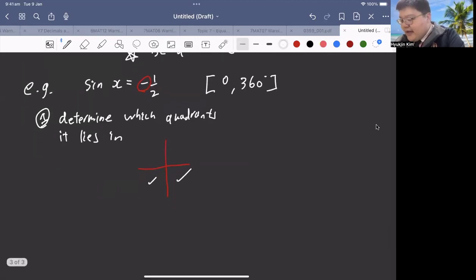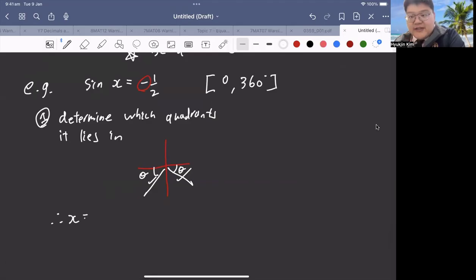So what does that mean? If I have any angle that were to provide me with the answer, it would be theta here, and then it would be theta here. Now I want you guys to know, therefore, x, whatever that angle might be, should just be whatever theta is added onto 180 for the third quadrant.